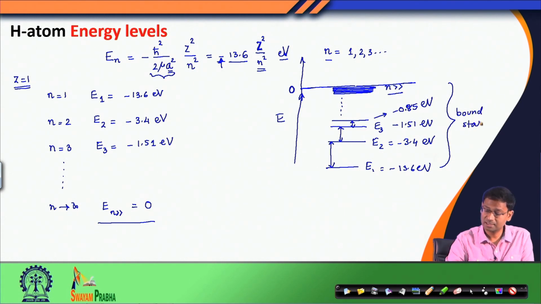They are bound states in the sense that the electron is still, quote unquote, bound to the nuclear environment, to the nucleus. The electron still experiences the nuclear field. That represents the bound state. When energy is positive, that would represent that the electron has left the nuclear environment and it is a free particle, or it is unbound.